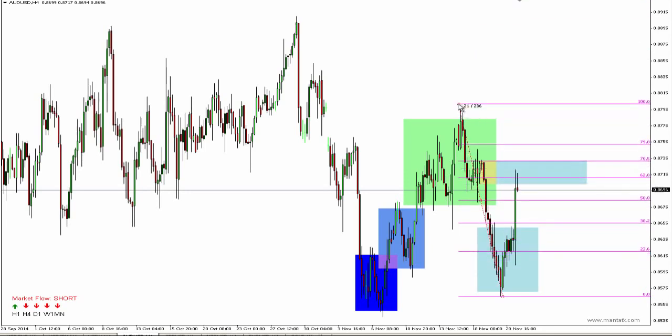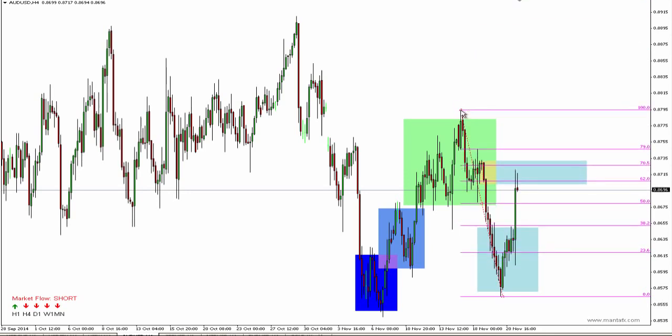Being able to recognize these kinds of patterns, I mean this price action, a very clear sell model in my opinion. If we're able to recognize them in advance, we can pretty much anticipate things that go on.